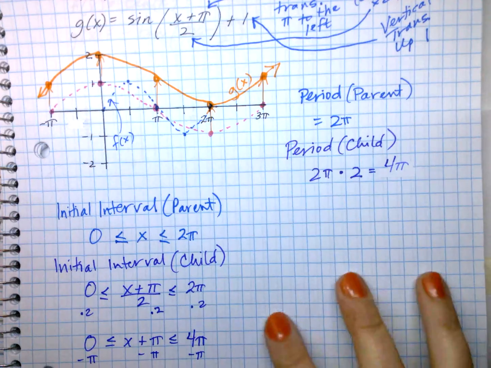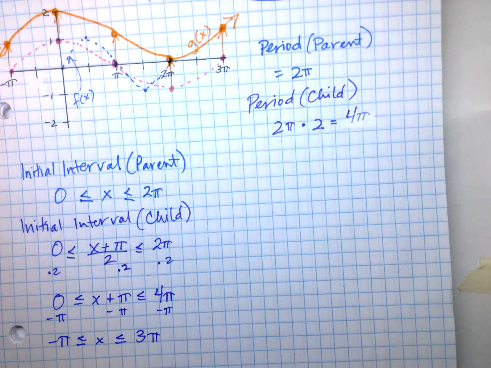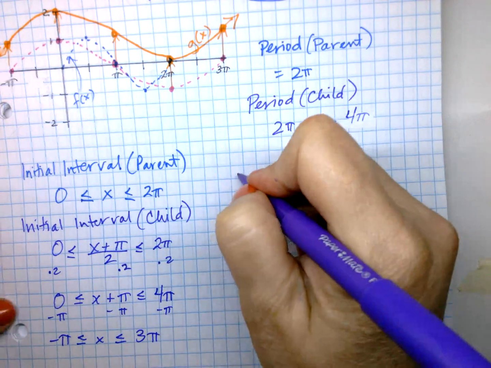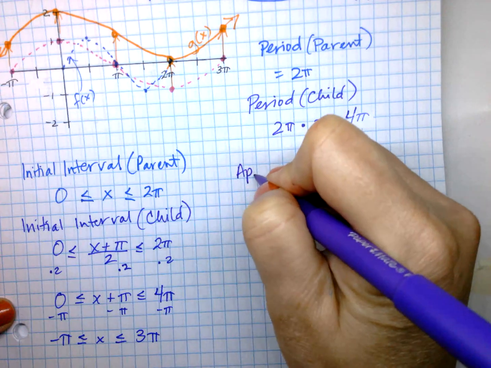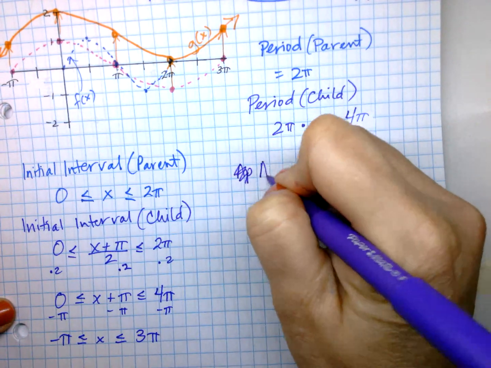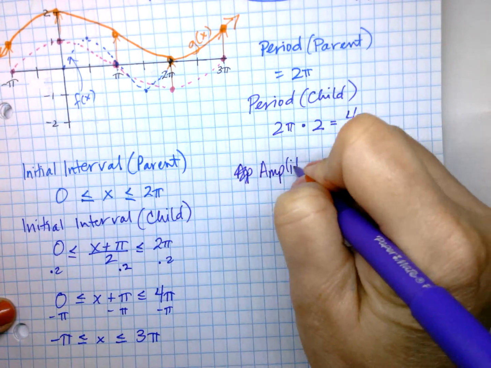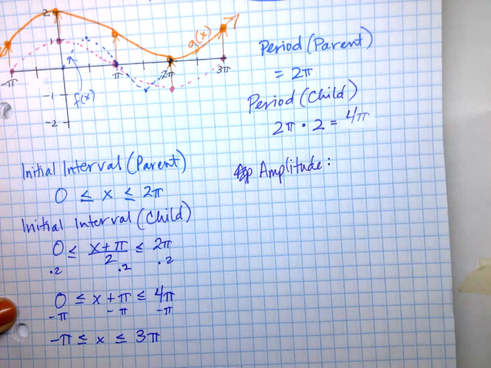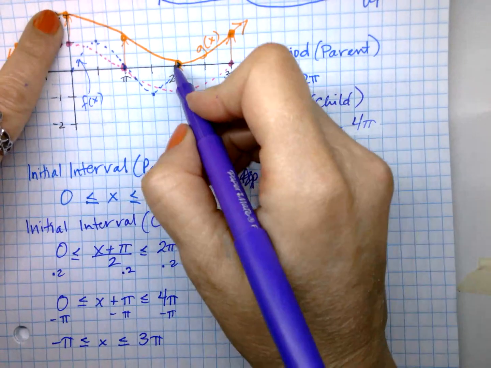Now there's a few more things that you can say, a few more properties you can identify about the graph of g of x. For g of x, we could say, what is the amplitude? Whoops, it would help if I could spell. Okay, amplitude is half of the highest point minus the lowest point.